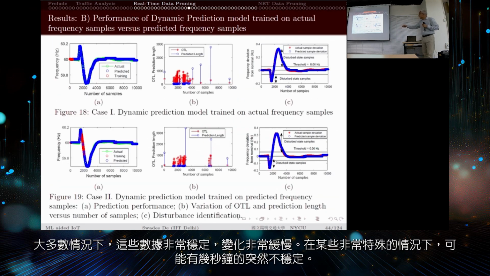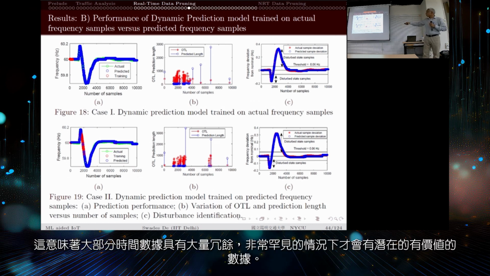This is an expanded version of a potential instability region. Most of the time, this data is quite stable, very slowly varying, and in a fraction of a few seconds there is some sudden instability that can happen. What that means is that most of the time the data has a tremendous amount of redundancy, and on very infrequent occasions there is potentially valuable data.